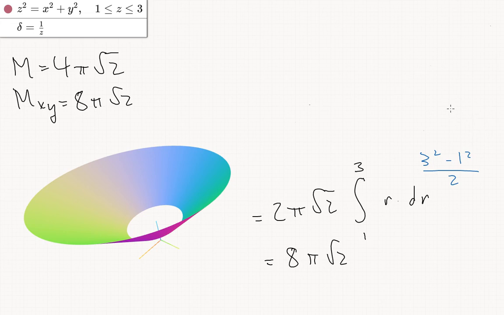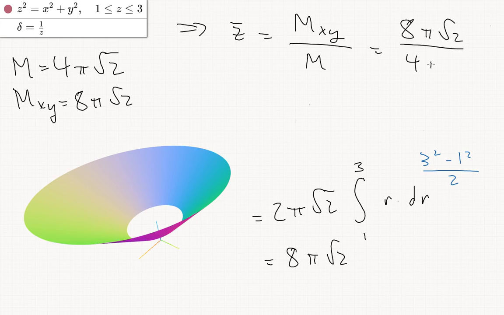All right, so now we get the z coordinate of the center of mass is Mxy over m, which is 8 pi root 2 over 4 pi root 2, which is 2.